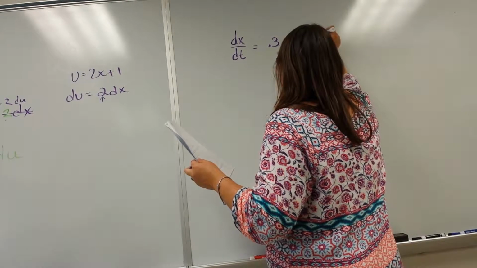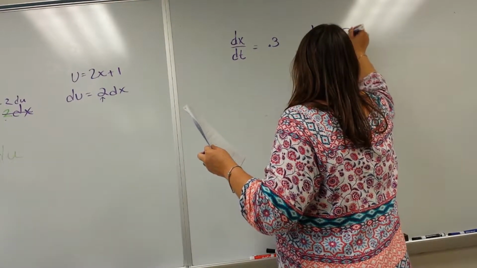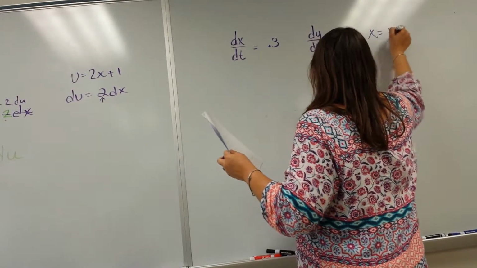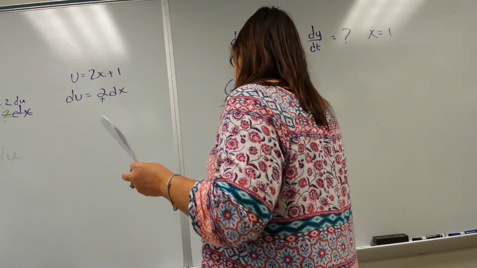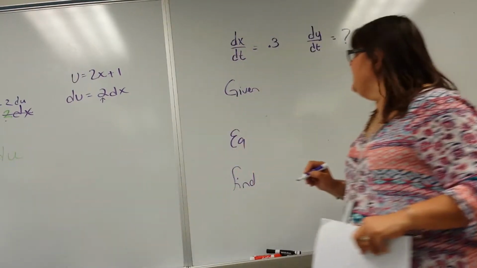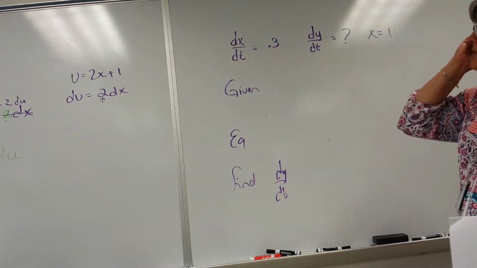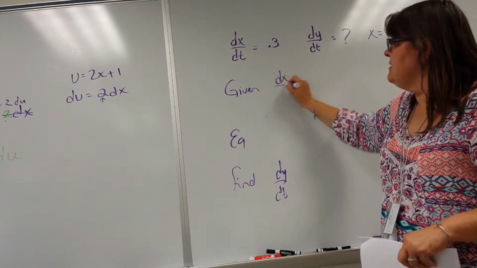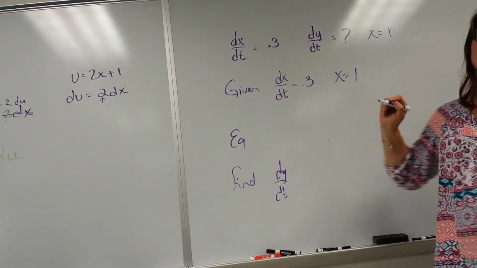So we're trying to find dy over dt when x equals 1. So remember, it's given, find. What does it want me to find? It wants me to find dy over dt. What's the given? Well, dx over dt is 0.3 and x is 1.